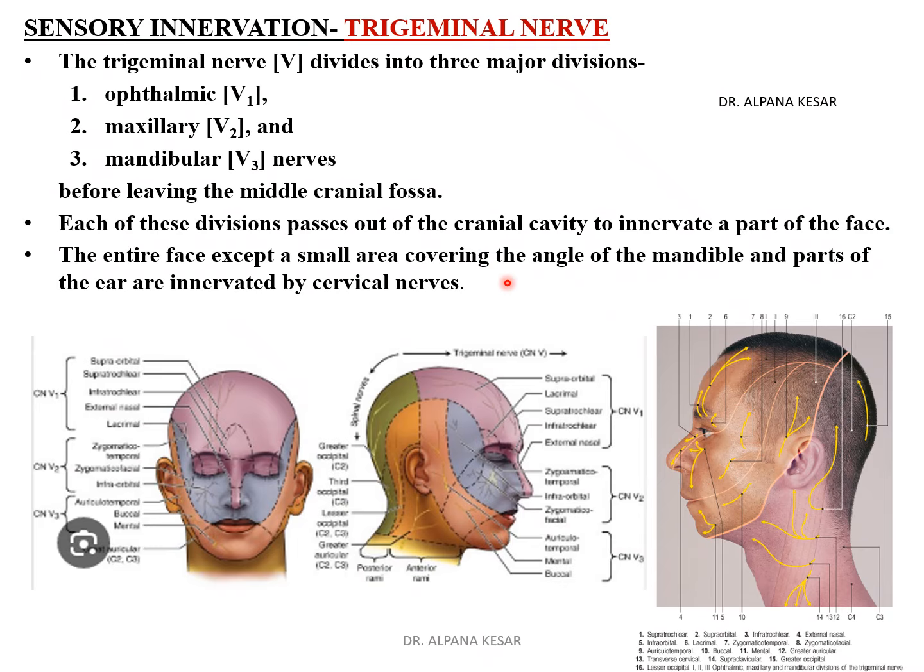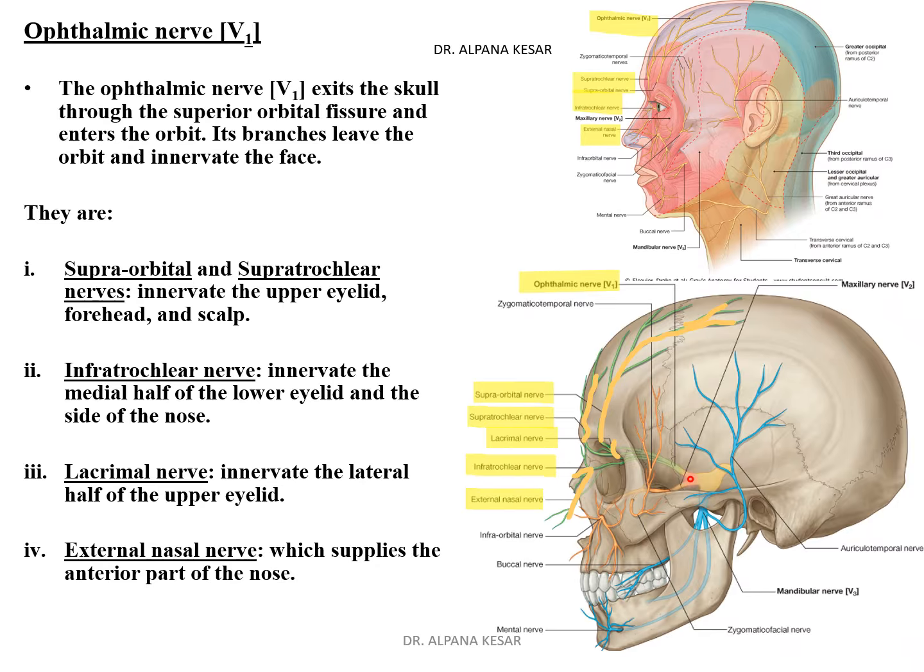These three nerves innervate the skin of the face, except for a small region over the angle of the mandible. This region over the angle of the mandible is innervated by branches of cervical nerves. The ophthalmic nerve exits the cranial cavity by passing through the superior orbital fissure.